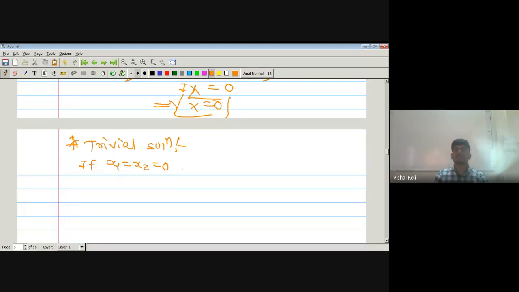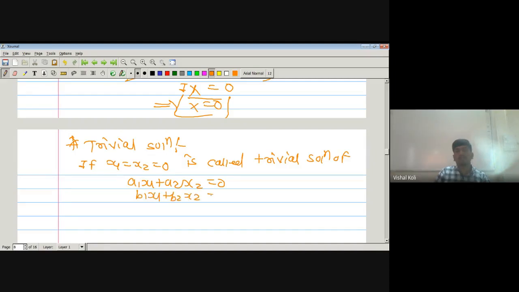That is, x1 equal to x2 equal to 0 is a trivial solution if a1x1 plus a2x2 is equal to 0 and b1x1 plus b2x2 is equal to 0.